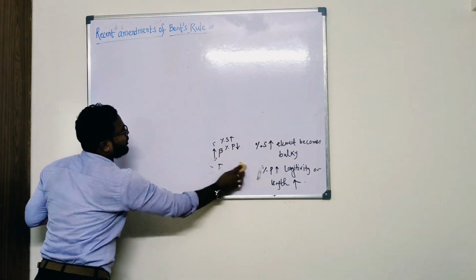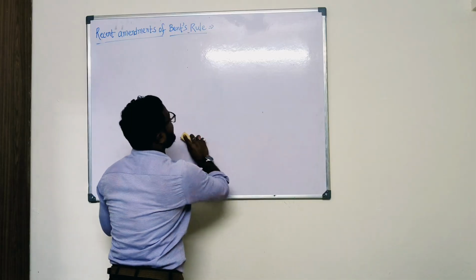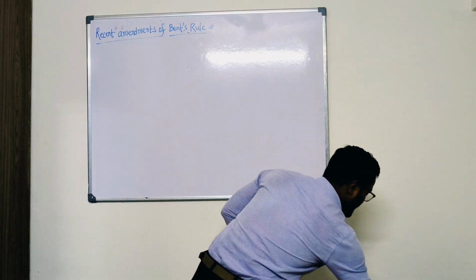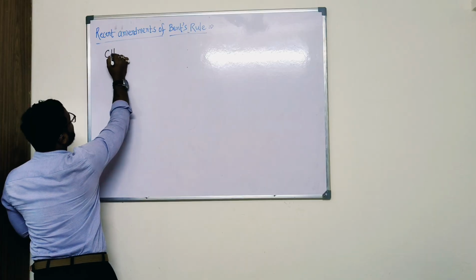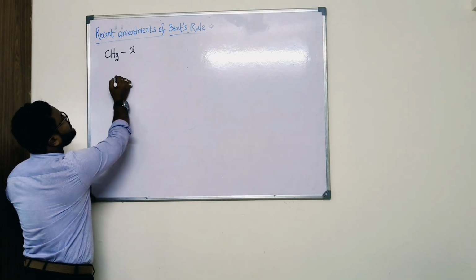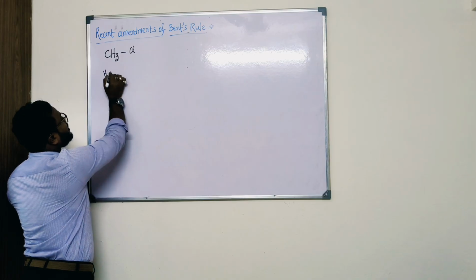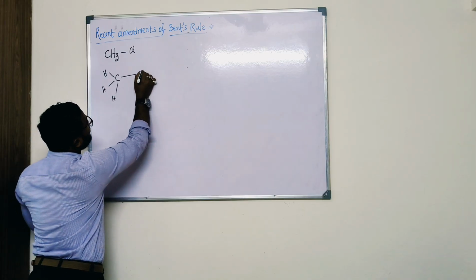First example I am going to take CH3Cl and CF3Cl. What is going to happen in this case? Let's check. We are taking CH3Cl first. In CH3Cl, carbon is connected with 3 hydrogen atoms and here chlorine is connected.